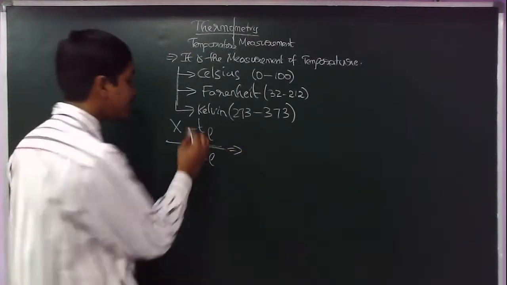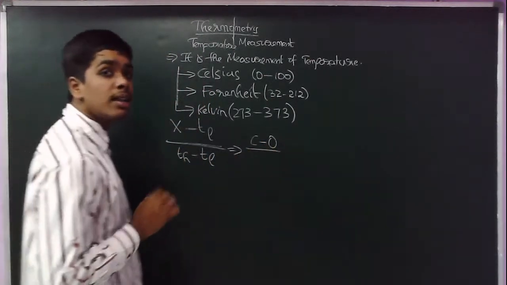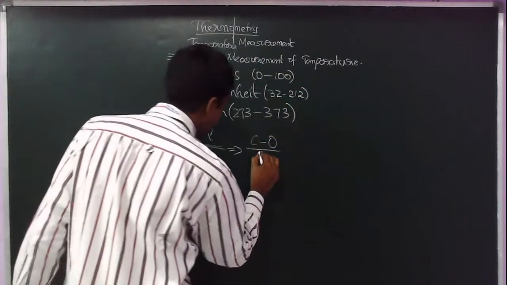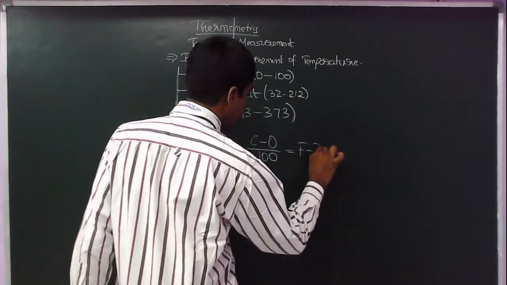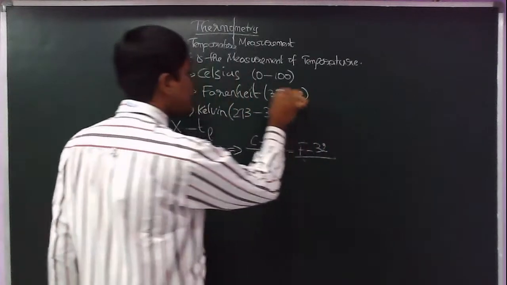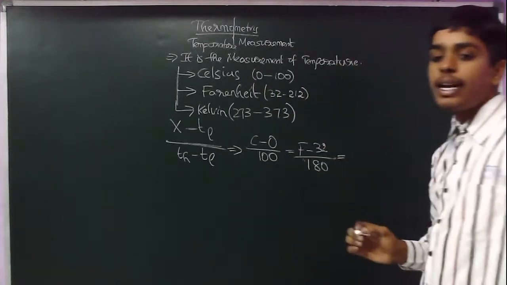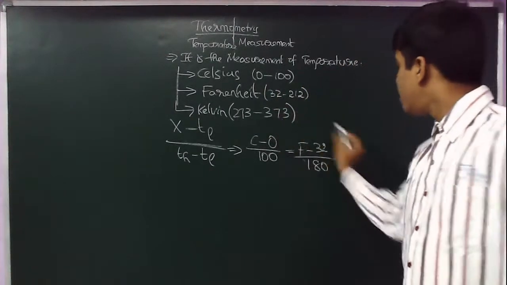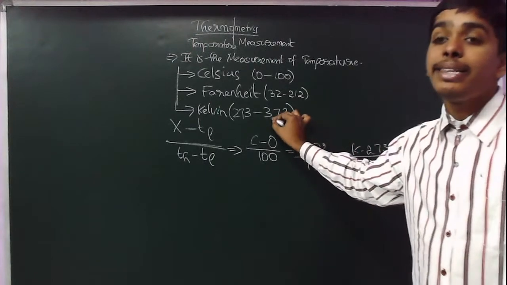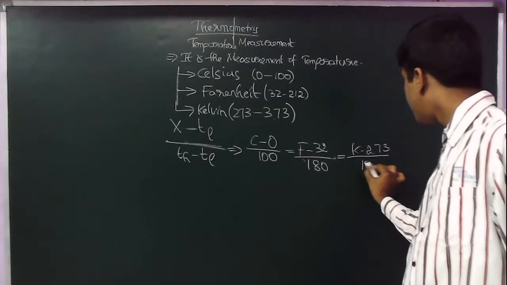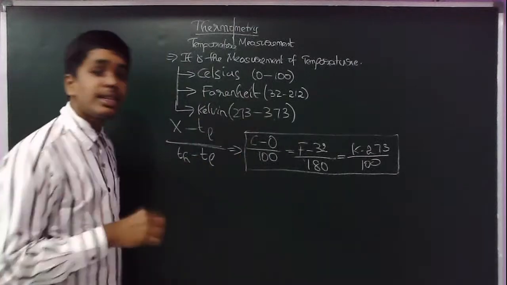For the Celsius, x is equal to C, lower means 0, upon T higher, that means 100, is equal to F minus 32 upon the difference, which is 180, and the third one is Kelvin, K minus 273 upon 373 minus 273, which is 100. This is the relationship between these three.